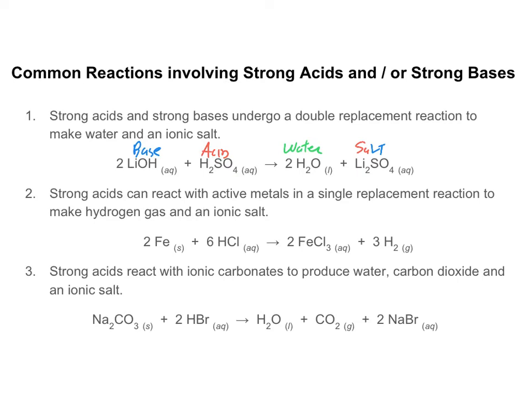And then the last type of reaction that you should be aware of is the double replacement reaction involving Na2CO3. In this case, we call it an ionic carbonate. So I have something like Na2CO3 plus HBr. According to the double replacement reaction rules, you would see something that looks like this.